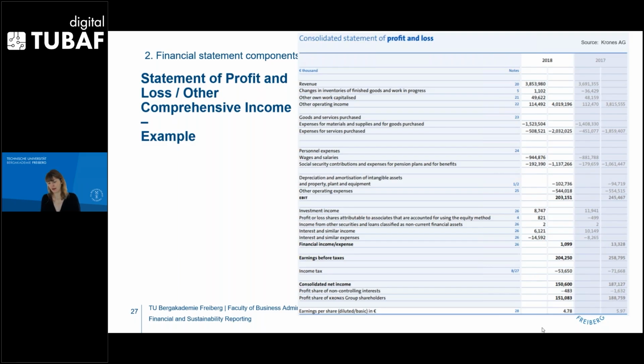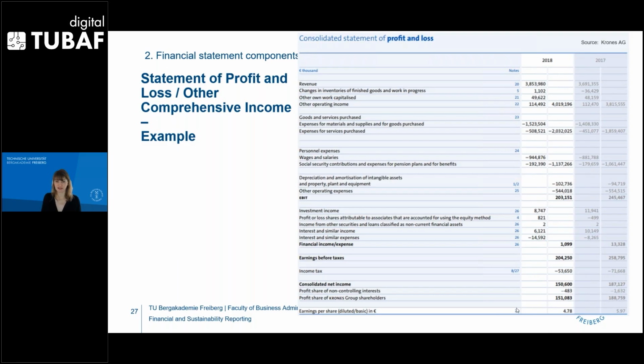So these are the important information for external shareholders to know, for example, the earnings per share. And then they have the information about the earnings management of the company, the performance of the company, which could be derived from the profit and loss statement.